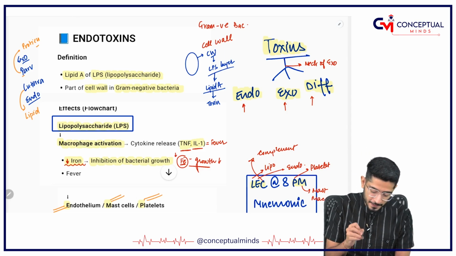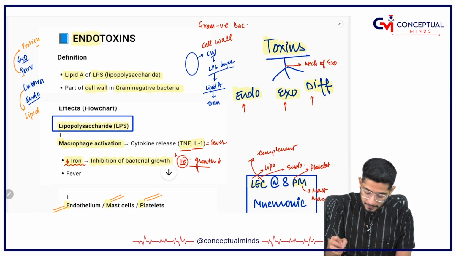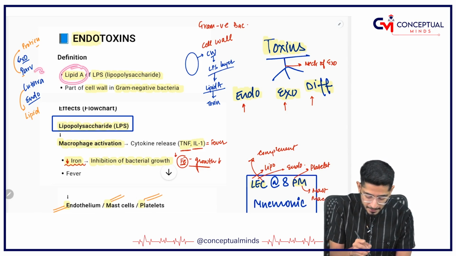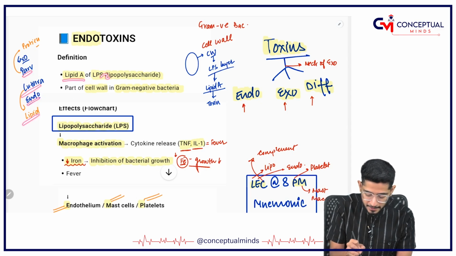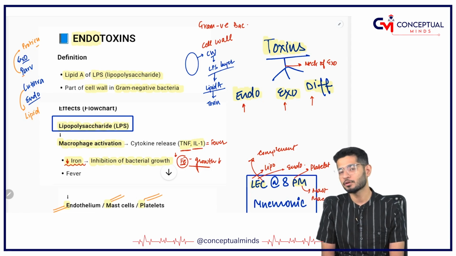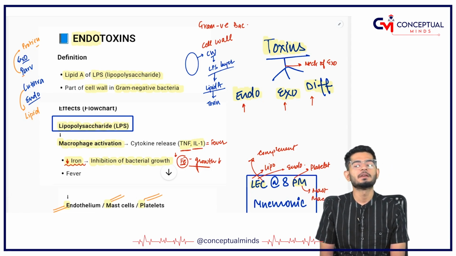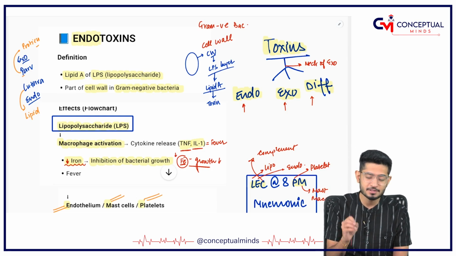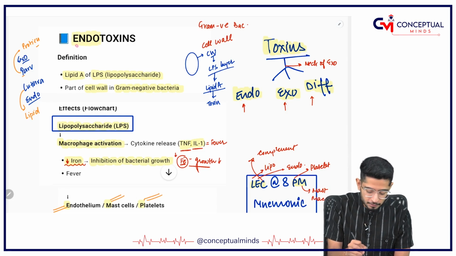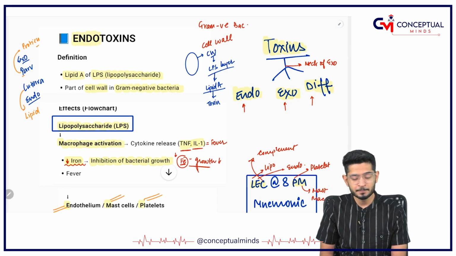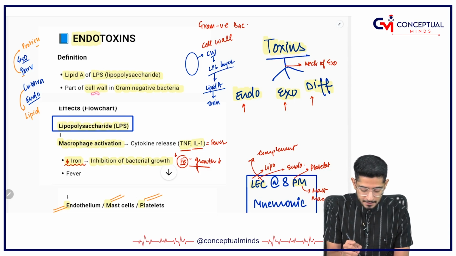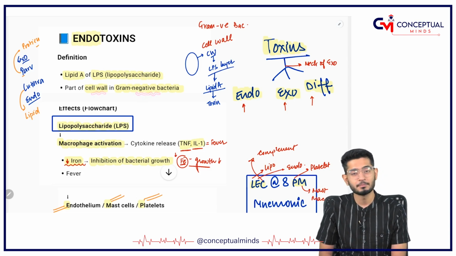So remember, the endotoxins are made up of lipid A of lipopolysaccharide. If you have not seen the previous session in which we discussed the bacterial cell wall and the other appendages, I have discussed this in detail. Endotoxins are made up of lipid A, part of lipopolysaccharide, and it is part of the cell wall of gram-negative bacteria.